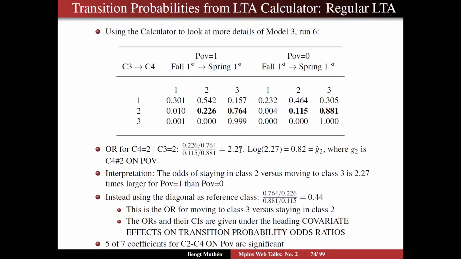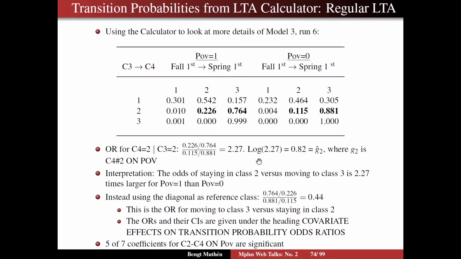And for a second, let's go straight here to the interpretation. The odds of staying in class 2 versus moving to class 3, that's not something we want. That's an undesirable outcome. It is 2.27 times larger for those in the poverty group than those not in the poverty group. So that's the odds ratio, summarizing the 4 numbers up here.